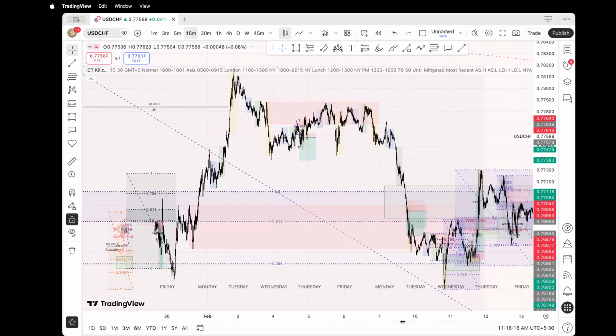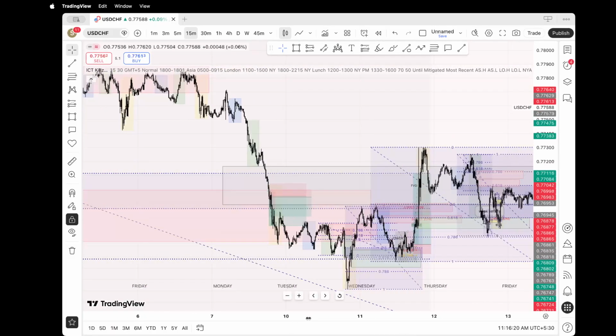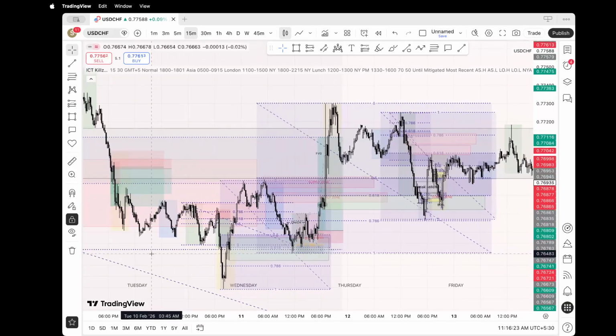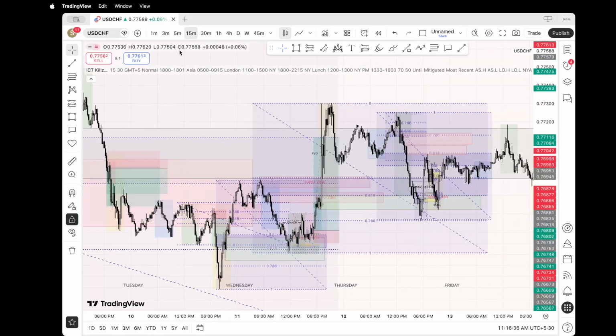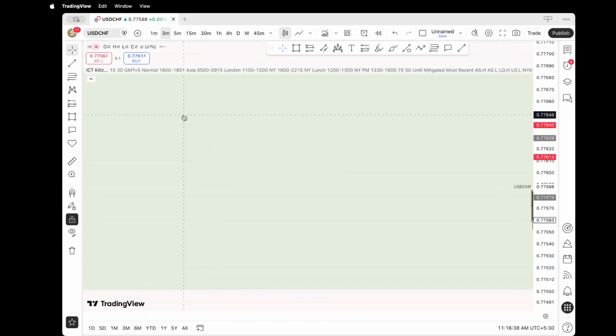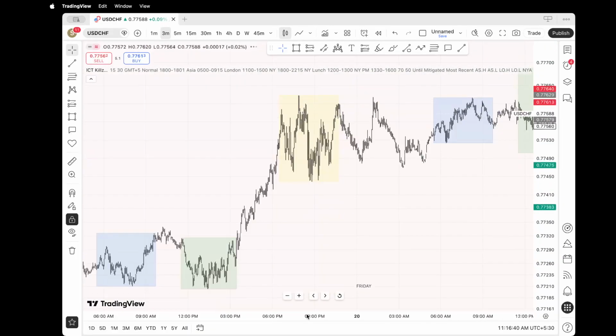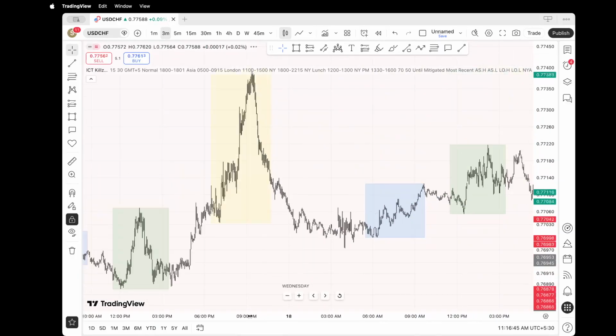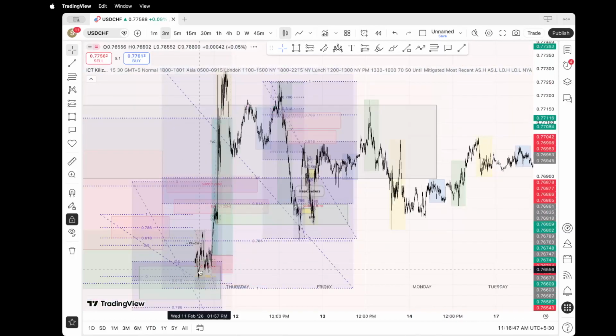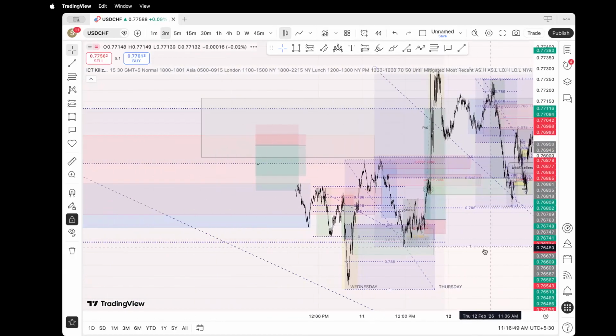We had a break of structure, then it retraced to a good zone, and then we made a sell position. So let's jump to a much lower time frame.